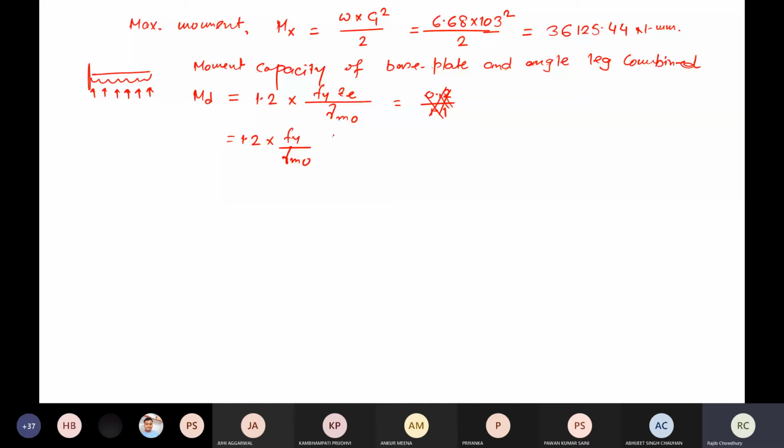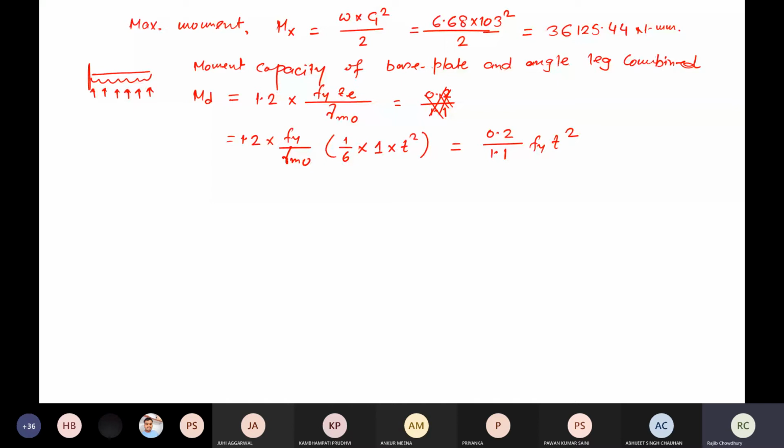So this is becoming 0.2 times divided by 1.1 Fy t square. Okay. Now this moment capacity is to be equated with the maximum moment, and thereby you can calculate what is the thickness that is required.